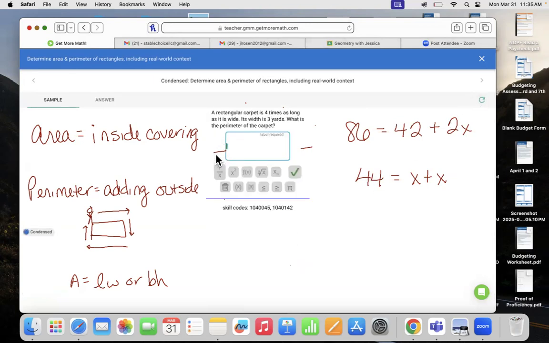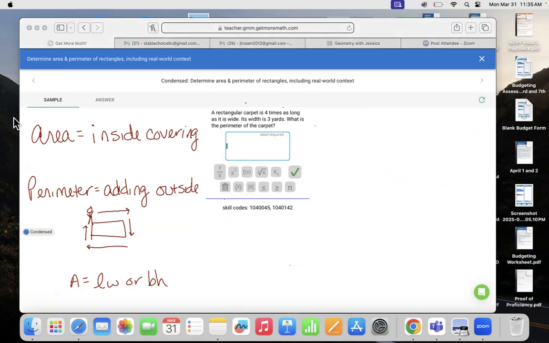Let's see. This one, lots of people don't like these kind of problems. So I'm glad we came across one of these. It says a rectangular carpet is 4 times as long as it is wide. Well, that means it's 4 times the width, right? The length is 4 times the width, 4 times long as it is wide. And the width is 3 yards.